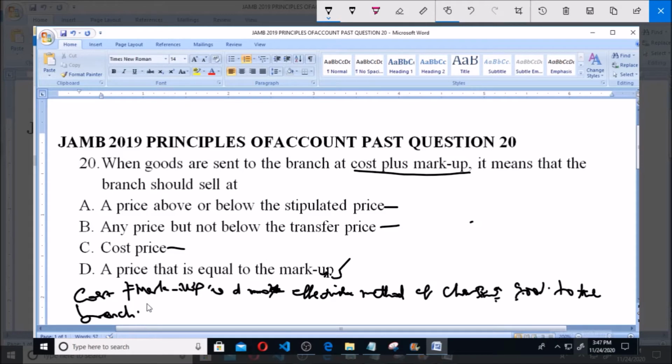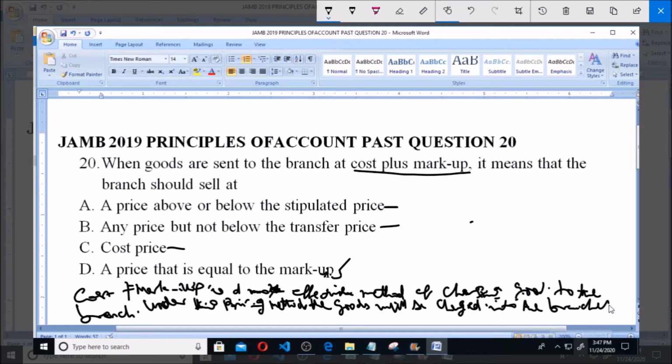Under this pricing method, the goods will be charged into the branches at cost plus markup, which is a fixed percentage.